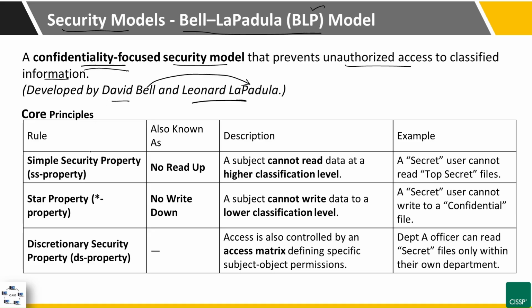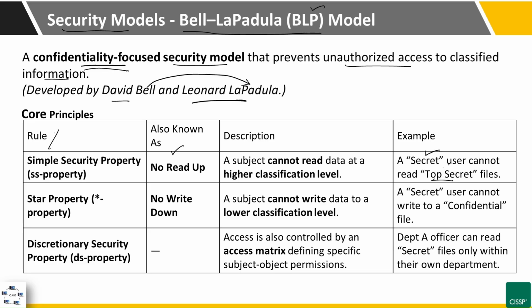So how does this work? These are the core principles, or properties, or rules of this model. The first one is the SS property, or simple security property, also known as no read up. What does this mean? A subject cannot read data at a higher classification level. For example, a user that has secret classification cannot read top secret files.